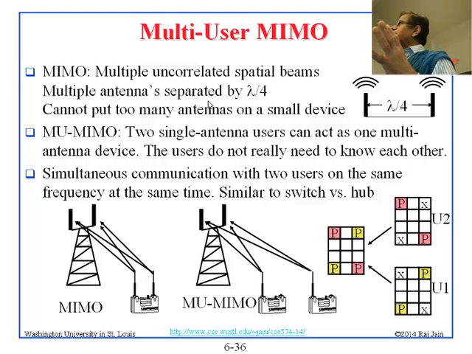If you remember the way OFDM works, you have frequency on one axis and time on the other axis, and to different users you give different frequencies at different times, right? This picture actually came from the WiMAX days, when I was working on WiMAX.